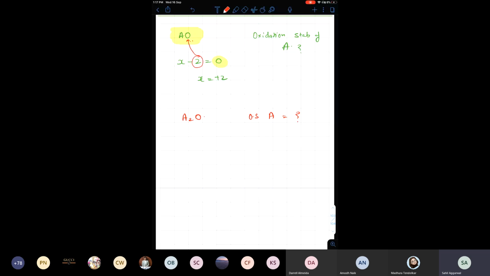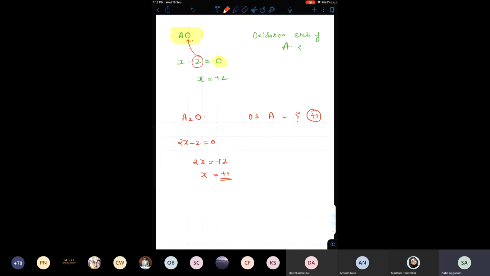Otherwise, you will get confused between valency and oxidation state. And I do not want that. 2x minus 2 equal to 0, 2x equal to +2, x equal to +1. All of you understood this?